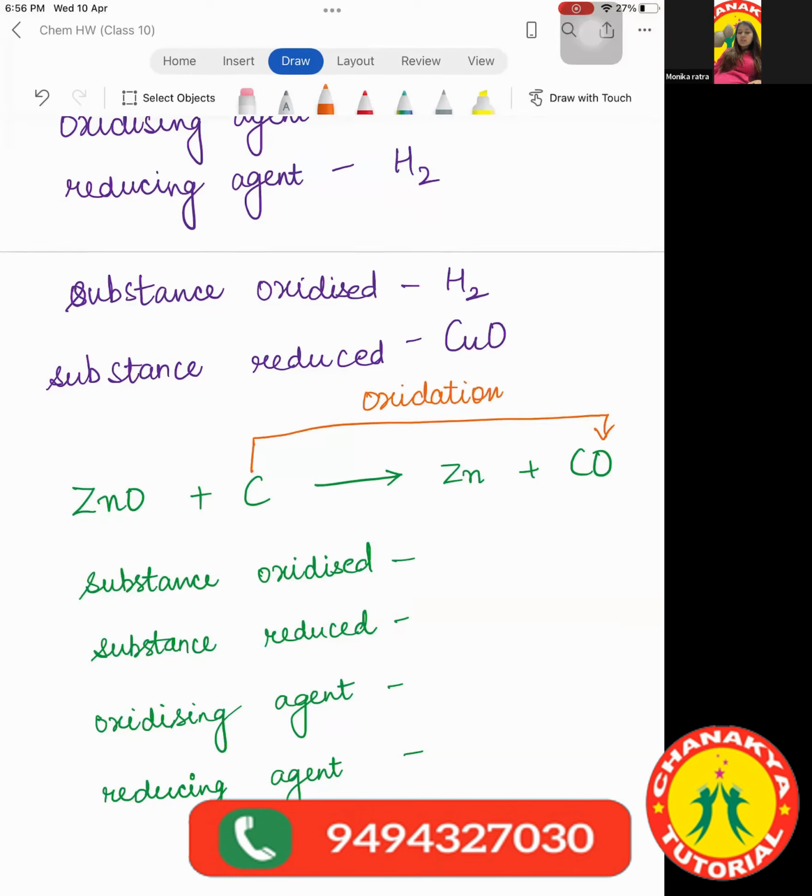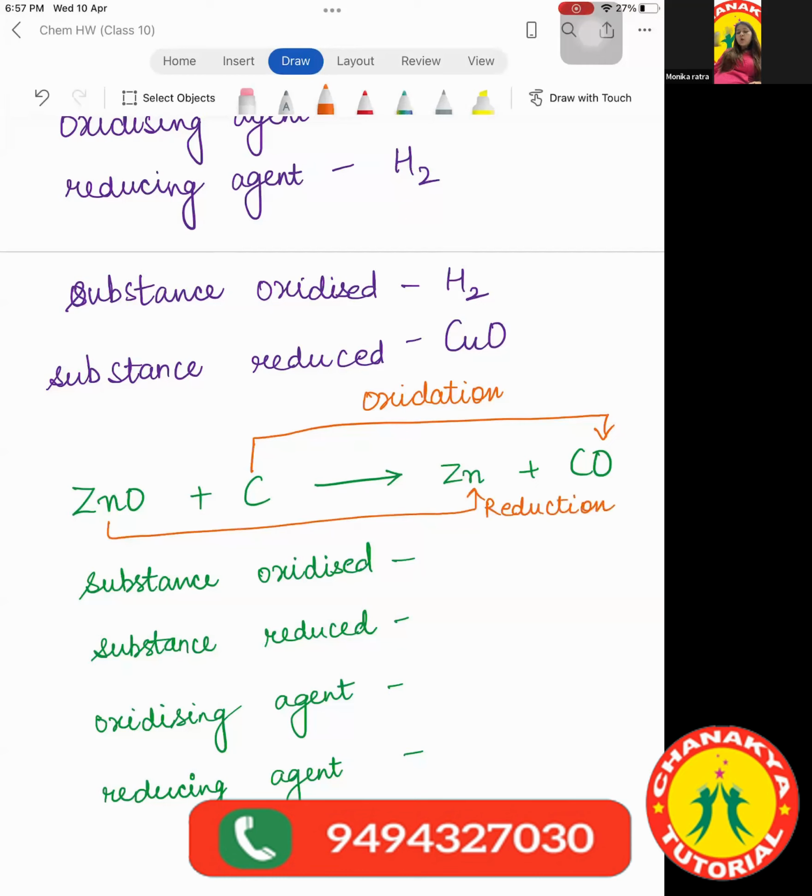Then, Sai, can you tell me where is reduction happening? Sai, Siddharth, can you unmute yourself and tell me where the reduction is happening? Ma'am, the substance reduced is... No, I'm not asking substance reduced. Where is reduction happening? Ma'am, ZnO to Zn. Right, very good. The conversion of ZnO to Zn is reduction.